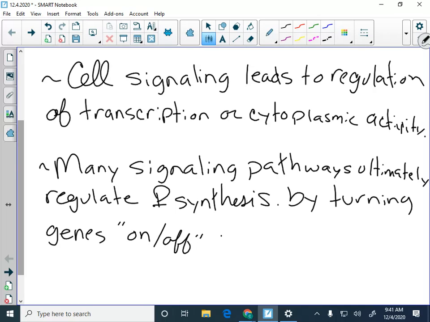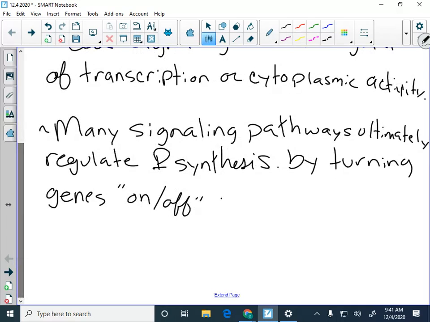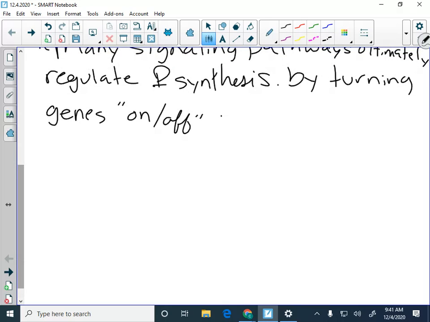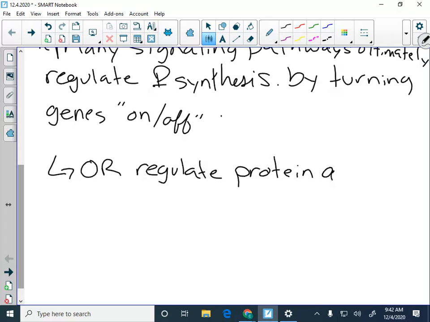But sometimes they regulate protein activity. So when they're not turning transcription on or off, signaling pathways can also regulate protein activity.